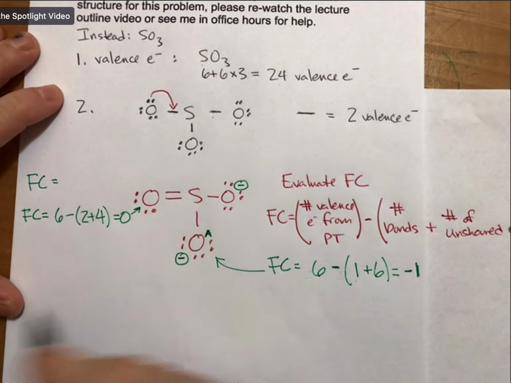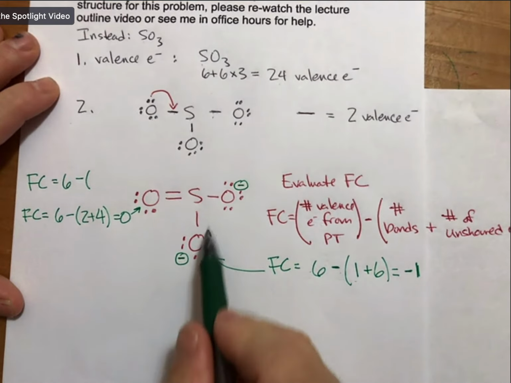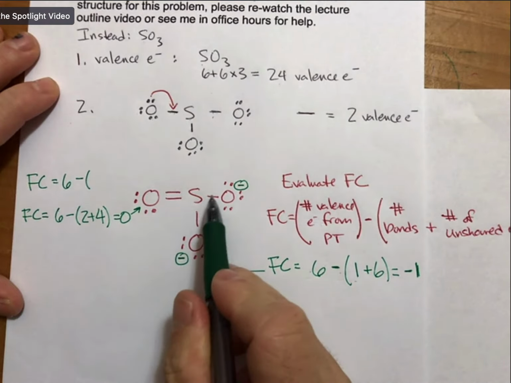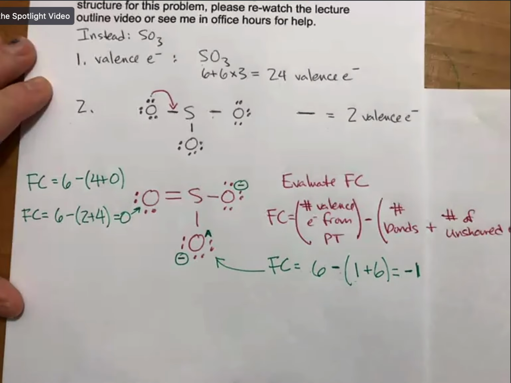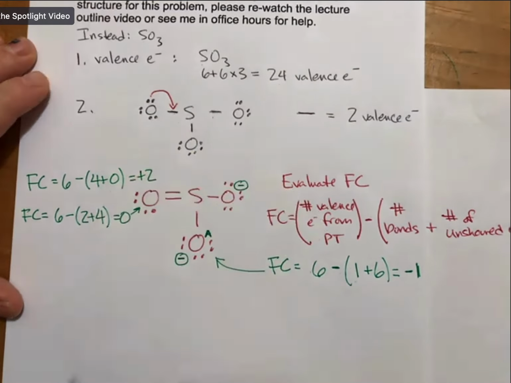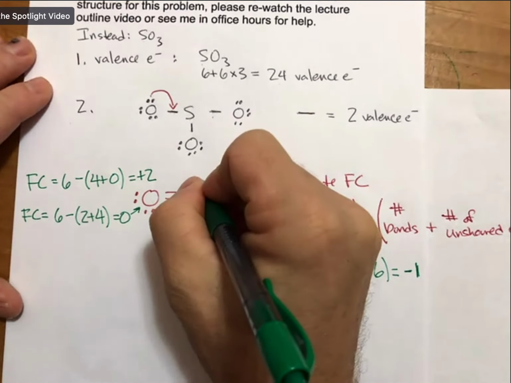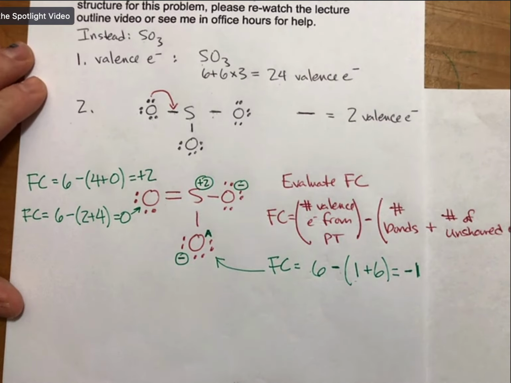Formal charge on sulfur. Sulfur also has 6 valence electrons from the periodic table. This sulfur has 1, 2, 3, 4 bonds plus 0 unshared electrons. That's going to be a 2, or what is usually referred to as a plus 2. And you go ahead and put that in a circle too. So those are the formal charges.